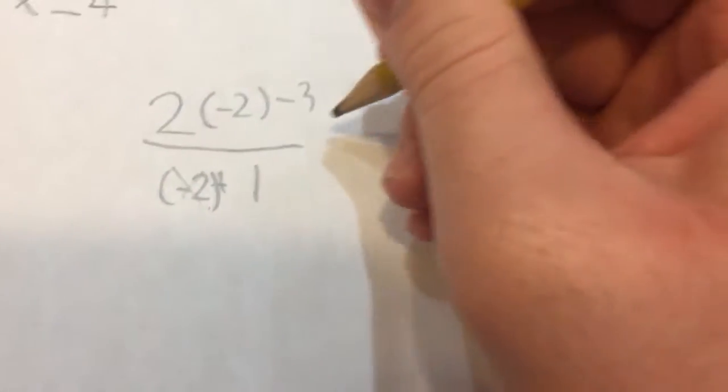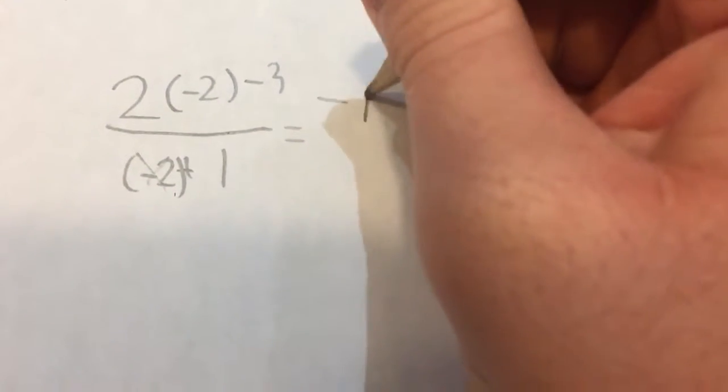Let's try something different now, like negative 2. So we have 2 times negative 2, minus 3, over x plus, oh no, sorry, negative 2 plus 1.